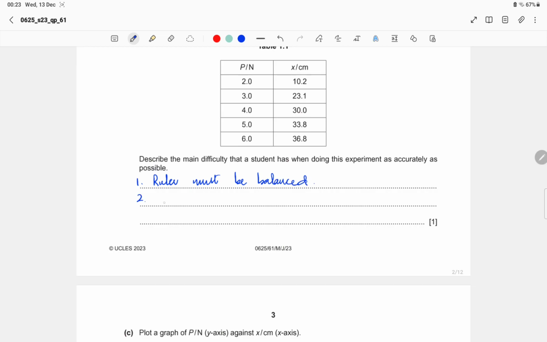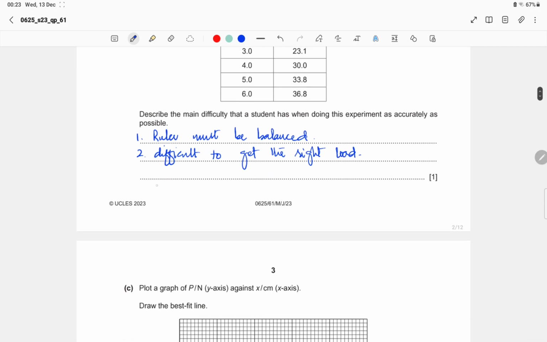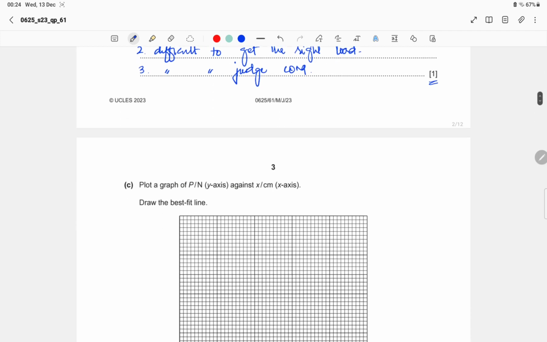Then it's going to be difficult to get the right load for the meter rule, and it is also going to be difficult to judge the center of mass. So these are the points. It has only one mark, so you can write any one of these. Okay, moving to the next question.